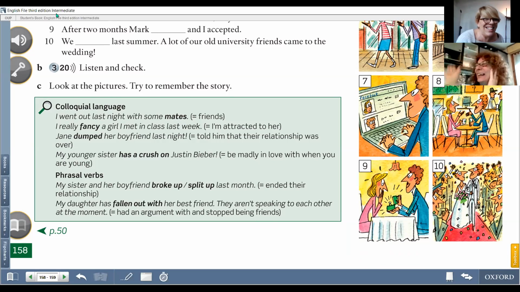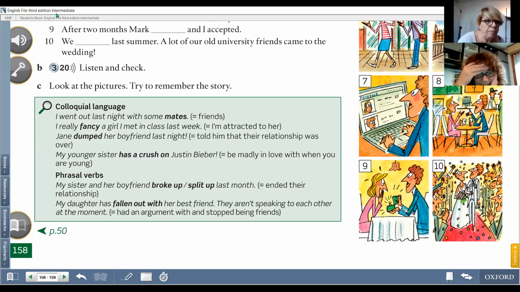And then phrasal verbs. My sister and her boyfriend broke up, split up last month. So to finish a relationship is to break up or to split up. Fallen out with their best friend. They aren't speaking to each other at the moment.